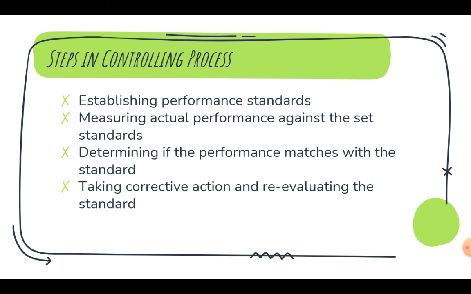It should be very clear. If the manager wants the workers to walk straight, they should tell them walk straight. Don't tell them walk north, walk south. Walk straight means walk straight. So that's what it means when we're talking about performance. The managers should communicate the goals very clearly.